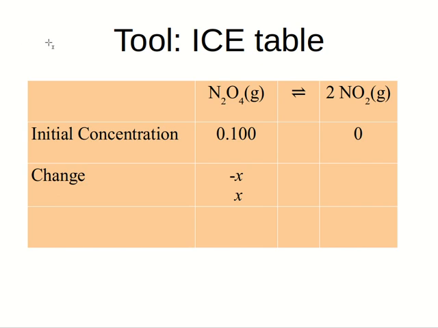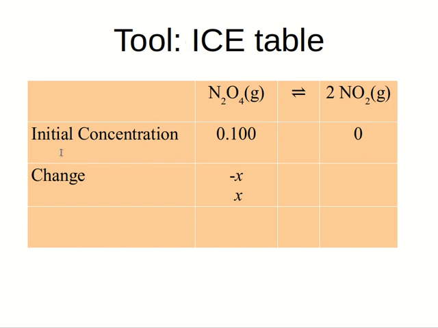The main tool we'll use for that is the so-called ICE table. Some people like to call it a RICE table because it really has 4 rows. The first row is the reaction, which would make an R in front.